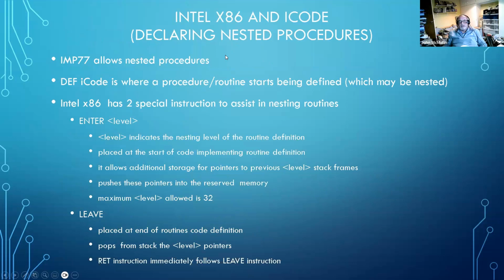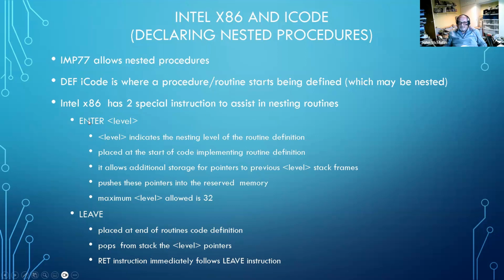Right. Another thing that's important for x86 and I-code. As I mentioned before, imp allows nested procedures, and the def I-code is where a procedure routine starts being defined. Now, Intel x86 has 2 special instructions to assist in nesting routines.